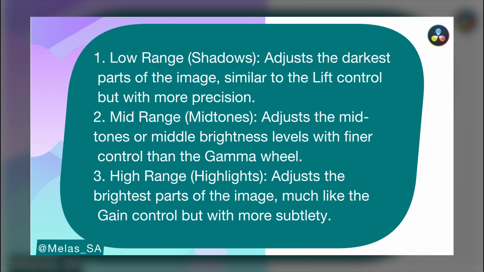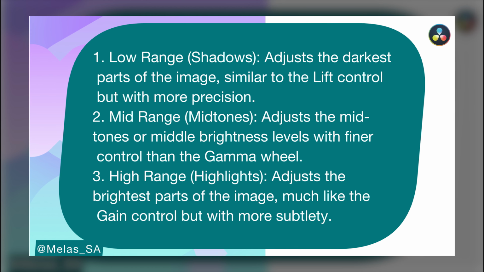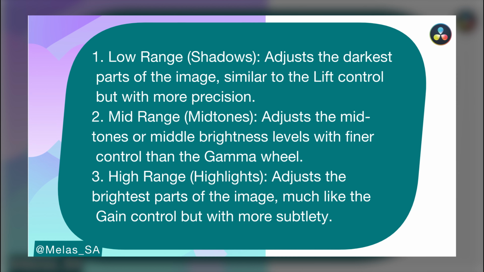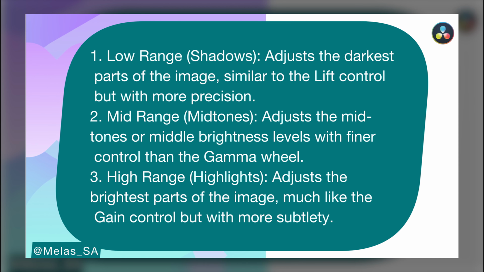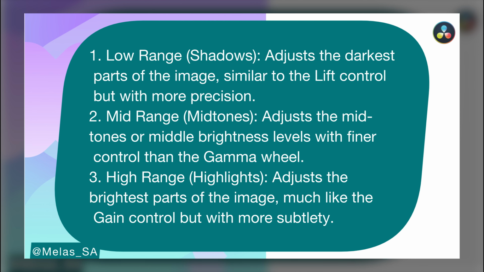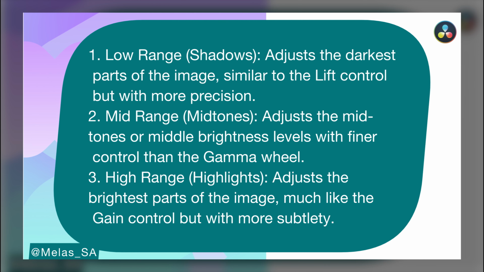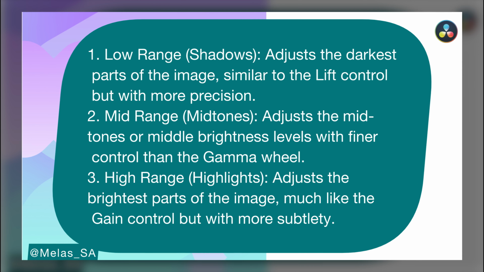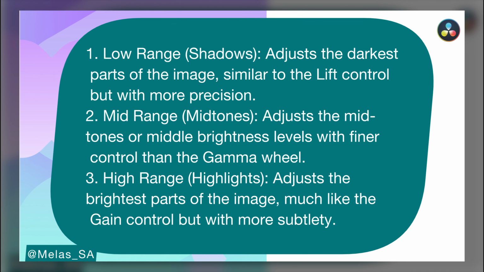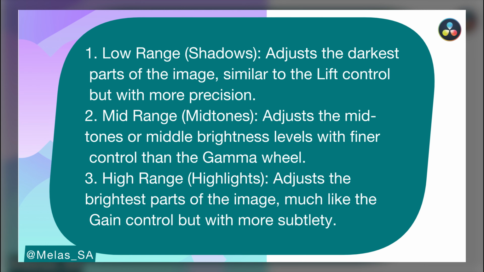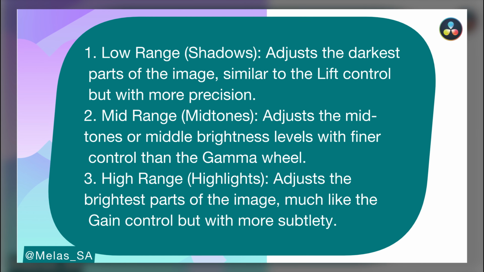Number 2 is the mid-range, in brackets midtones. Adjust the middle tones or middle brightness levels with finer control than the gamma wheel. And the last one is number 3, high range, highlights. Adjust the brightest parts of the image, much like the gain control but with subtlety.